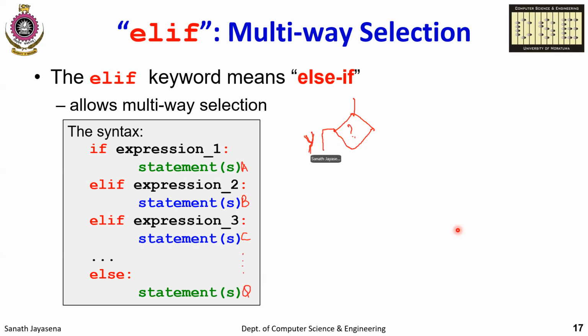So if it is true, you do A, and you go down from here and connect to something. If it is no, you ask another question again.